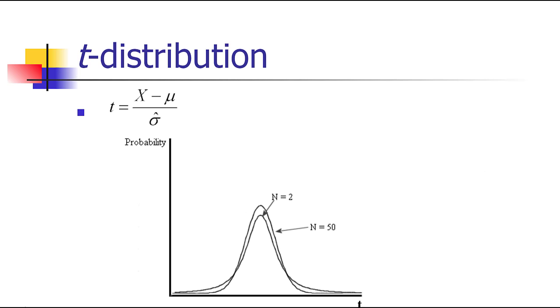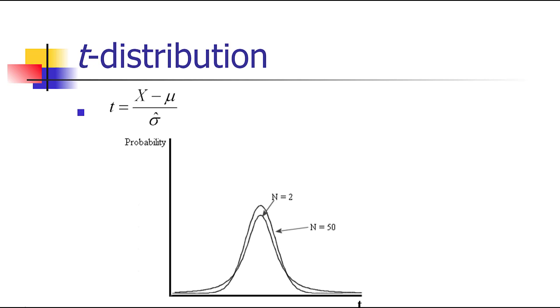The t-distribution is used in place of the normal distribution when we don't know the underlying variance. You'll notice the t variable that's listed here looks a lot like the z value, except instead of dividing by sigma, we're dividing by sigma hat, which is the estimated standard deviation. So when we don't know the underlying variance of a normally distributed random variable, and we have to replace that with an estimated value, we use a t-distribution instead of a normal distribution.